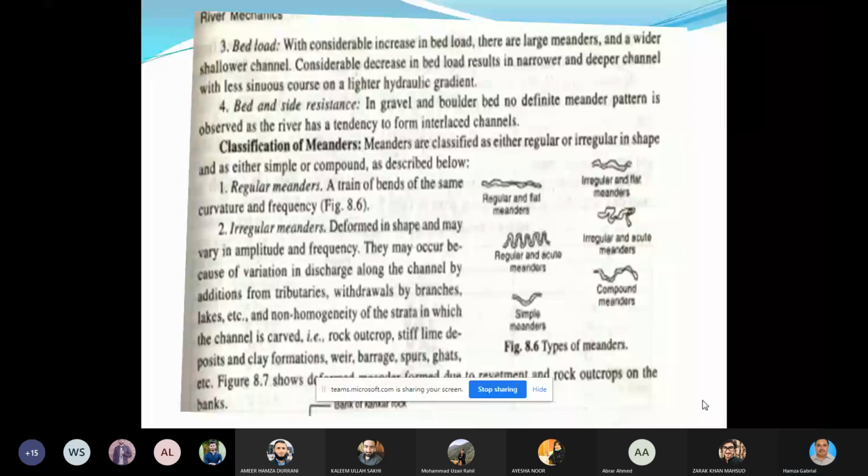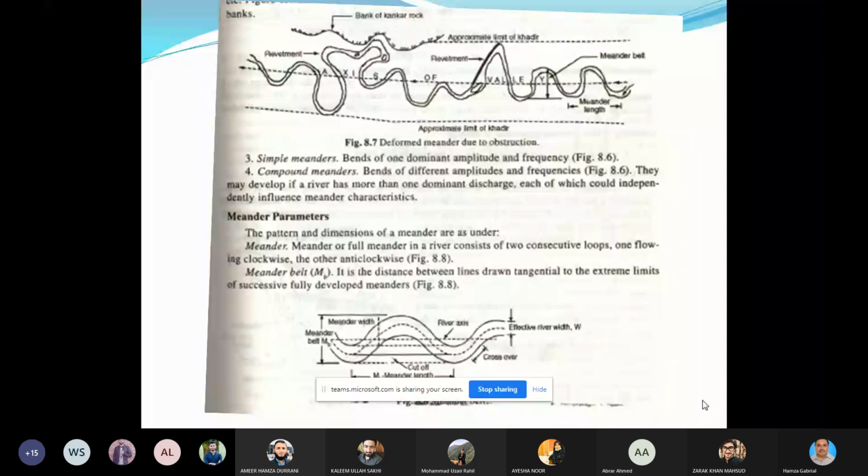Here you see that at the outer bend there is an outcrop which has resistant material. So that's why it will not be able to form a regular pattern. Here you will see the deformed type of meanders. Due to this obstruction, deformed meanders are formed and they will not have the same curvature and frequency. So those will be irregular.